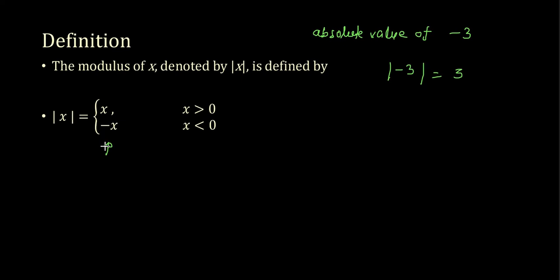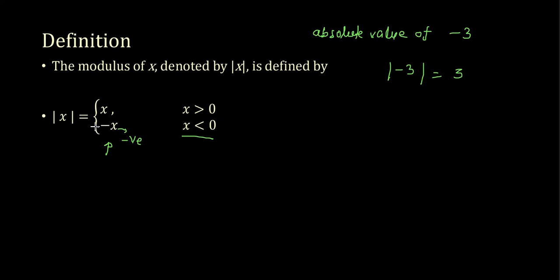You might have got confused with this minus sign: since the output has to be positive always, why is this minus sign there, this minus x? But if you look closely, it says this is minus x if x is less than 0, meaning that in this case x is already negative, and there is a negative sign outside it, so negative into negative becomes positive.